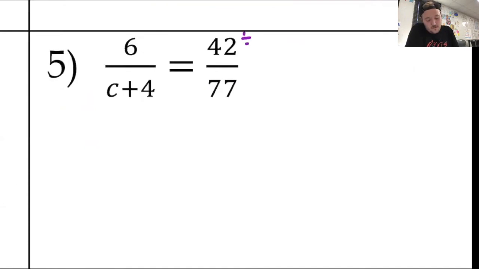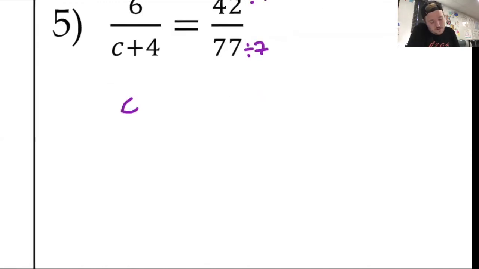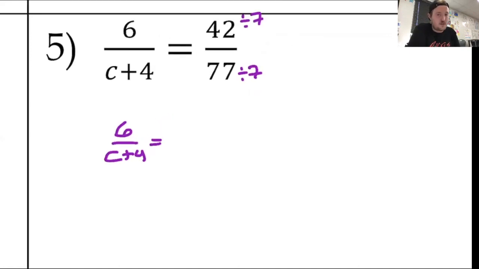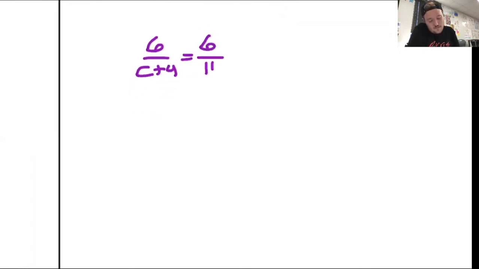So your GCF here is 7. So if I divide both and simplify that fraction before I even do anything, you're going to make your question much easier. So if you divide 42 over 7, you're going to get 6. And if you divide 77 by 7, you get 11.